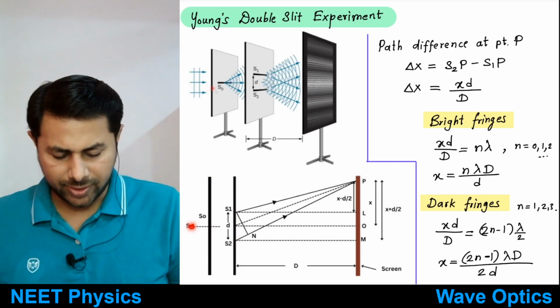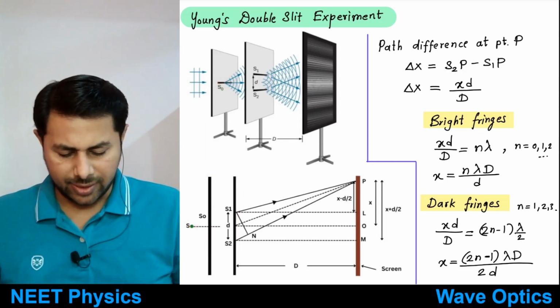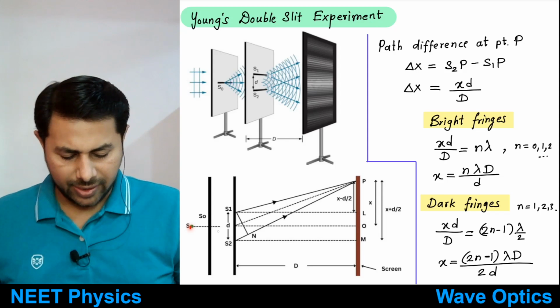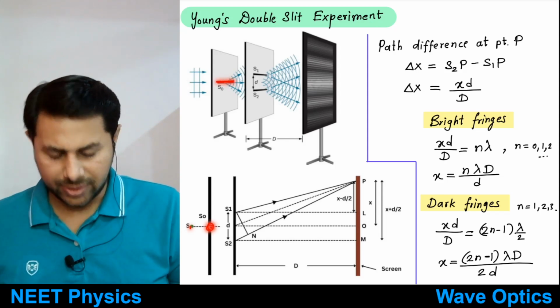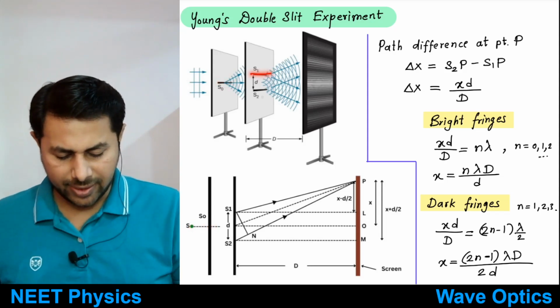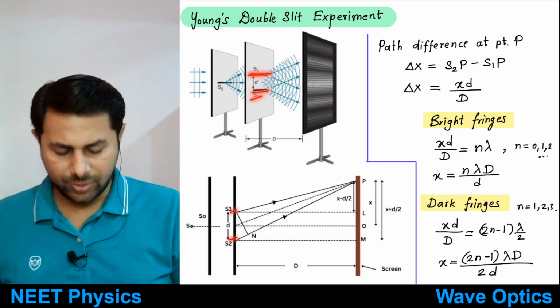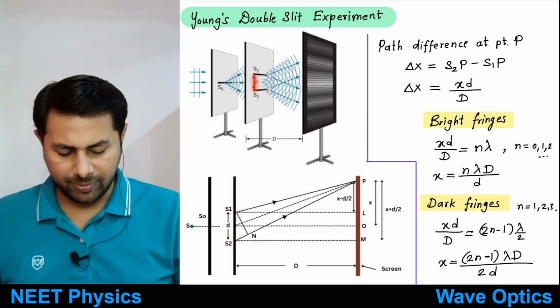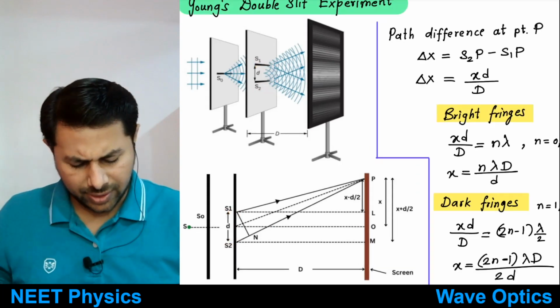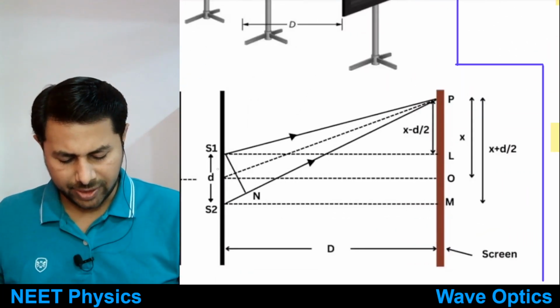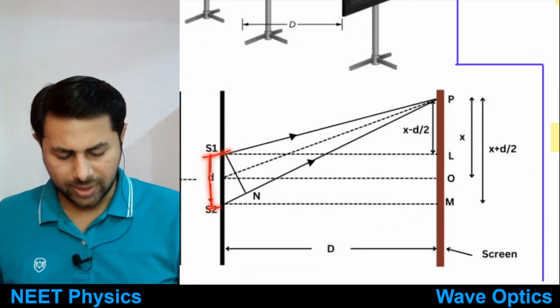So this is your first source, that means the source of light is somewhere. Then this is your S0. S0 is the first slit. S1 and S2 are these two slits. The separation between them is small d. Can you see that, or is it very small? The separation between these two is small d.